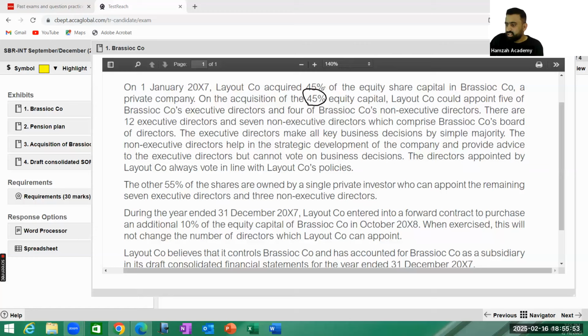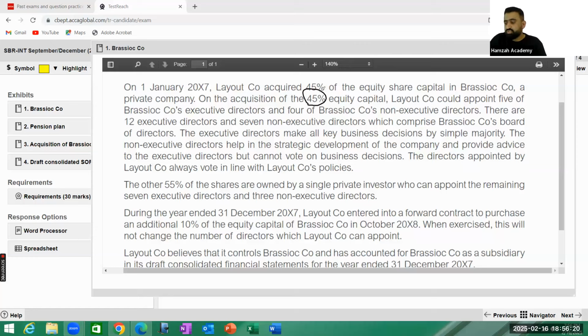The executive directors make all key business decisions by simple majority, and the non-executive directors help in the strategic development of the company and provide advice to the executive directors but cannot vote on business decisions. The directors appointed by Layout company always vote in line with Layout company policy.